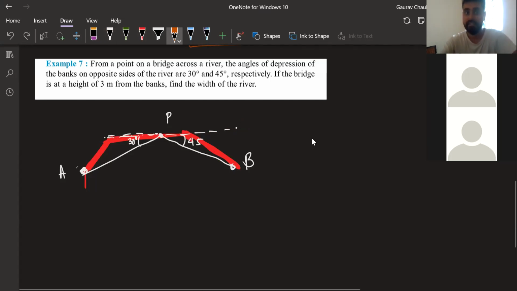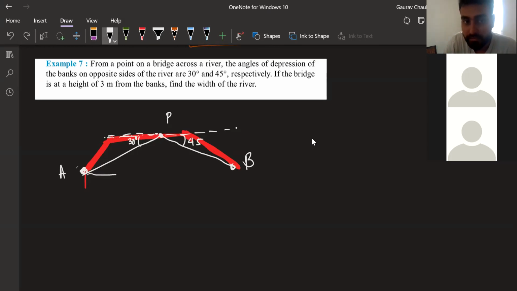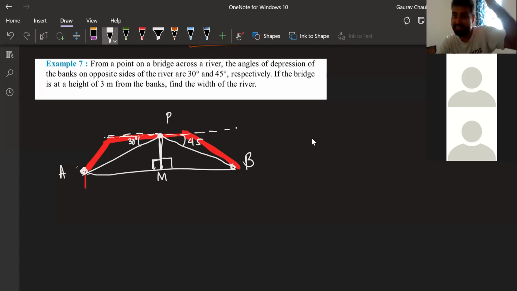Yes, sir. All right, now I have to complete the diagram. That diagram will get completed by joining AB. This is directly above some point here, it does not matter which point. Let's call that point M, just for convenience. Because it's directly above, it's vertical to this horizontal line.